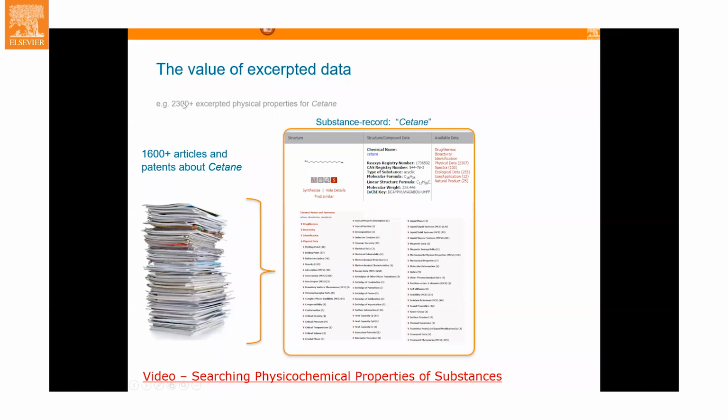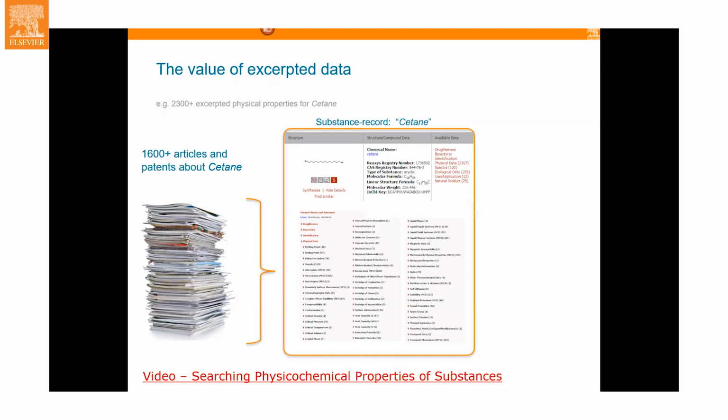We have more than 2,000 experimental properties for this cetane available from just one web page. All of this information is collected from more than 1,600 articles and patents, and all of it is on one page. Just imagine how much time you would need to spend if you were working with this compound without Reaxys to collect all available information.